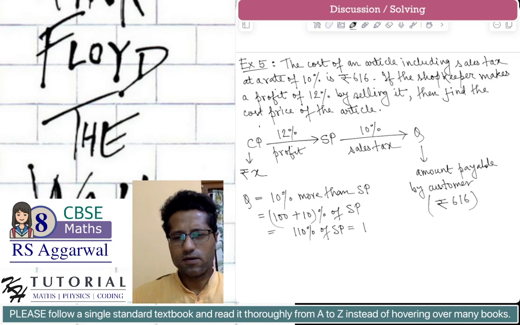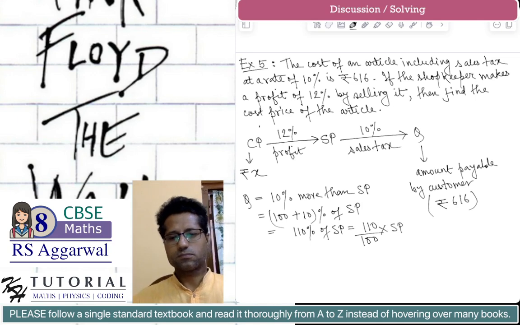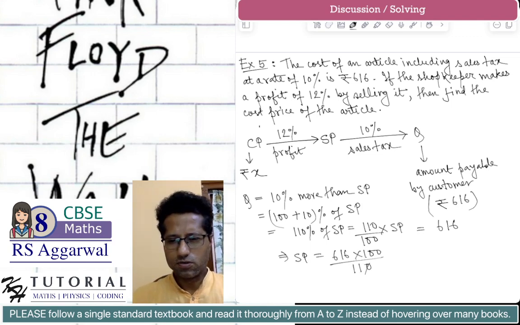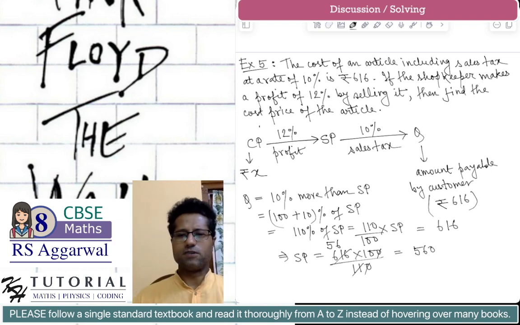So 110 divided by 100 multiplied by SP is equal to Q, which we know is 616. This implies SP, the selling price, will be 616 multiplied by 100 divided by 110. The 0 cancels out. I hope 11 will divide 616. Let's see, 5, 55 and 6, 56. So this is equal to 560. The selling price is rupees 560.